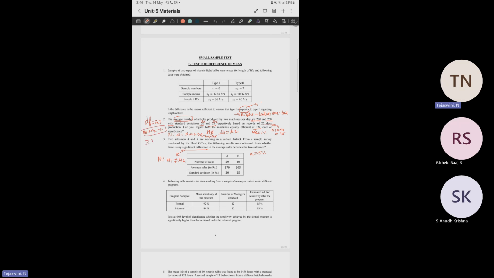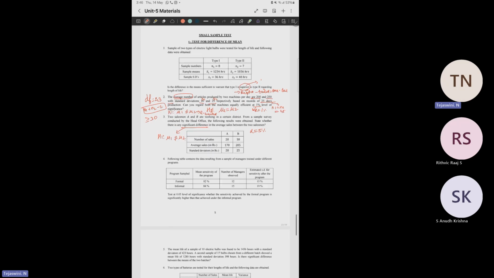Since it is greater than or equal to 30 in a two-tailed test, we can use the t table and find the value of t. The value of t after substituting in the given formula, which will be t is equal to x1 bar minus x2 bar divided by s times square root of 1 by n1 plus 1 by n2. s will be equal to root of (n1 s1 square plus n2 s2 square) by (n1 plus n2).